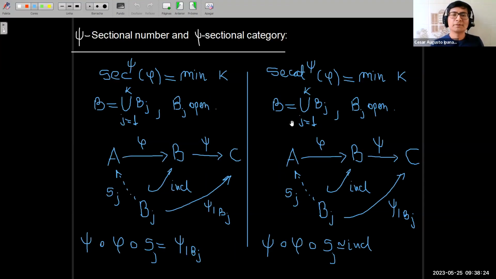Before recalling the Murillo-Wu topological complexity, I need to introduce this numerical invariant.